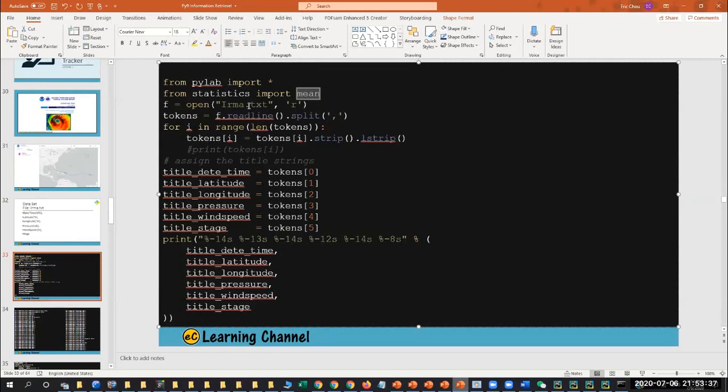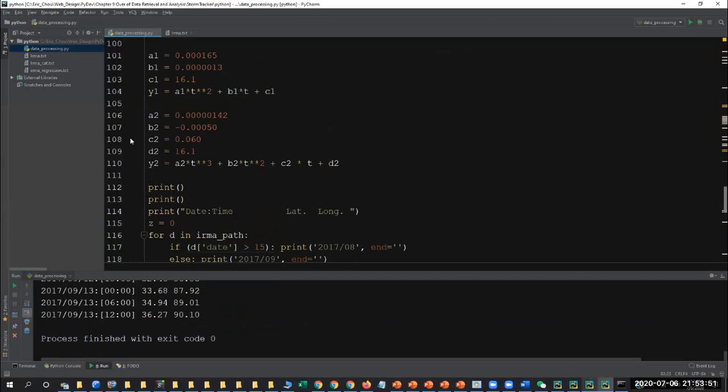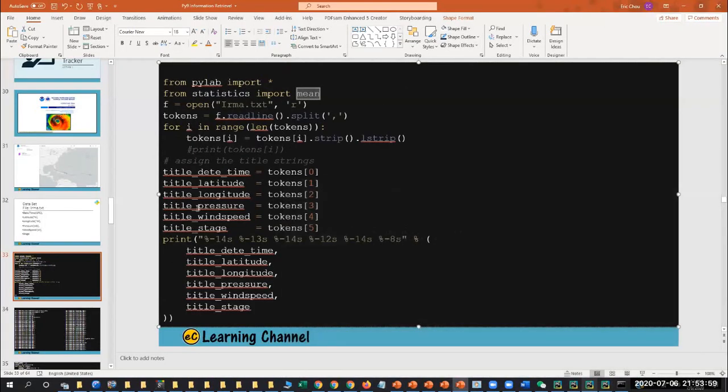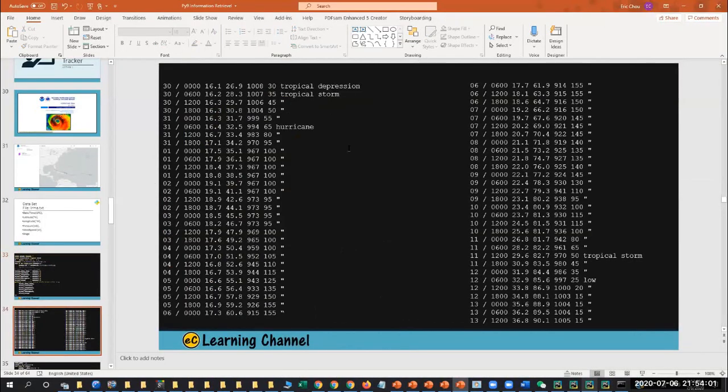And then we open irma.txt, and then we create the title, okay? The title is the first line. So we split the first line and then get the title. These are the titles of the data set. So we assign that. Second, we look at the irma.txt, okay?